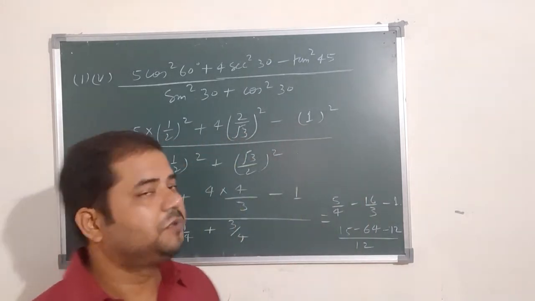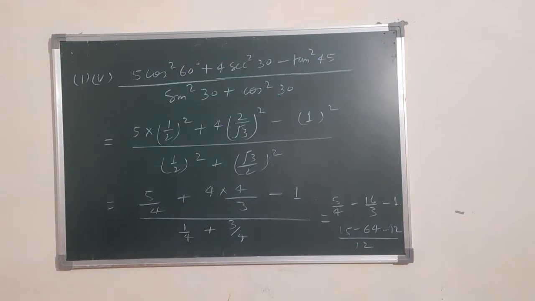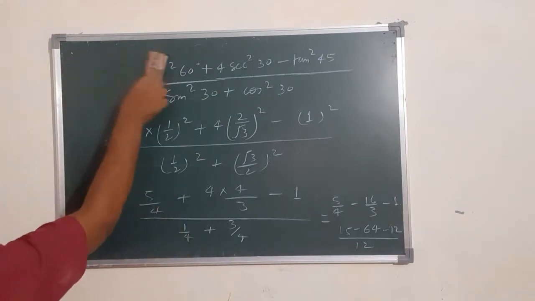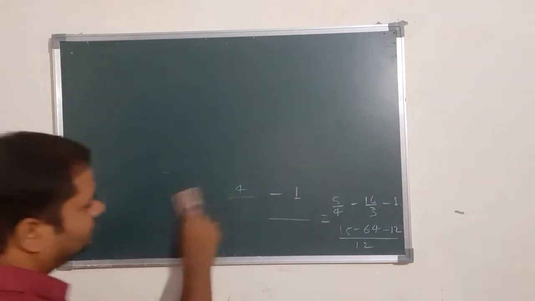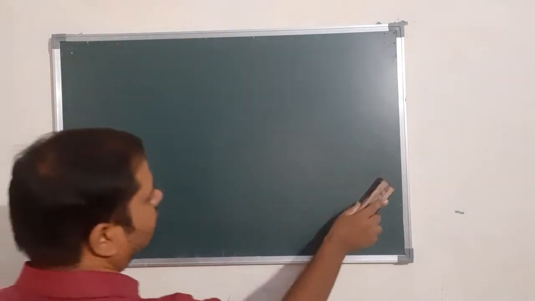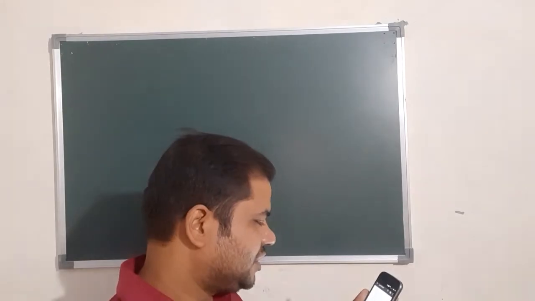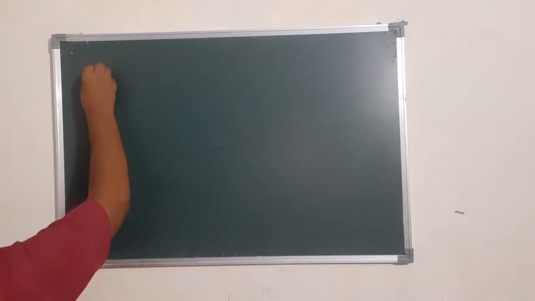Okay, I hope you completed this one. Now next one is choose the correct option and justify your answer. 2 tan 30 upon 1 plus tan square 30.